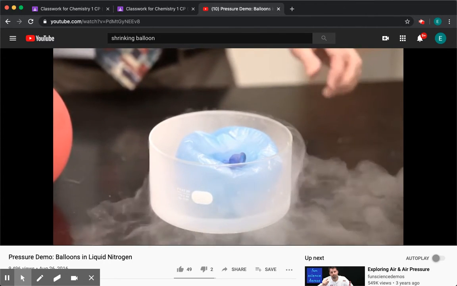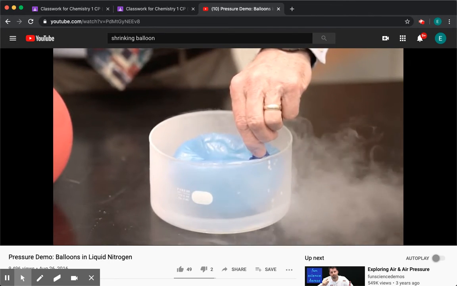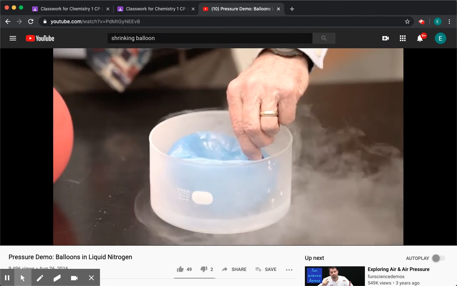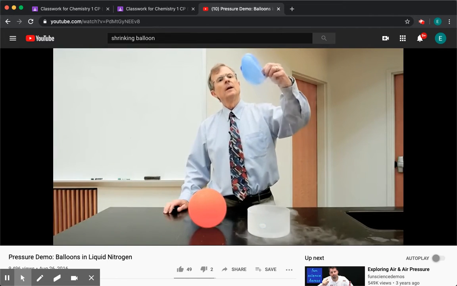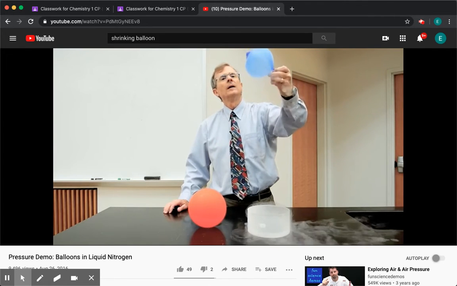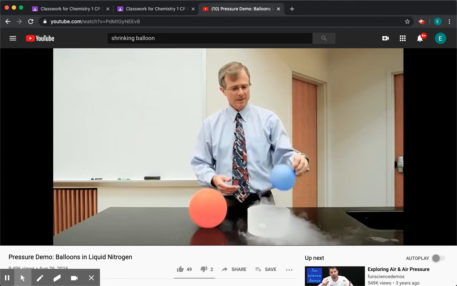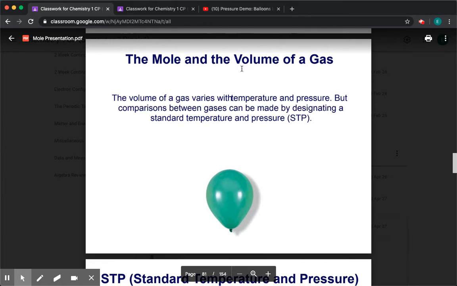It is very difficult to liquefy air, pure air. But notice that as the balloon gets colder, it starts to shrink. Okay, the gas starts to condense. And then when he removes it and pulls it back out, as it warms up, notice that it starts to expand again.